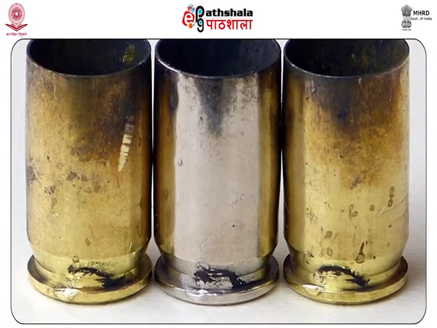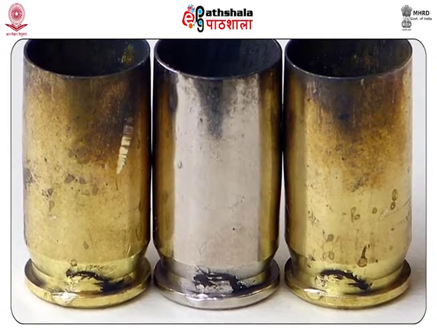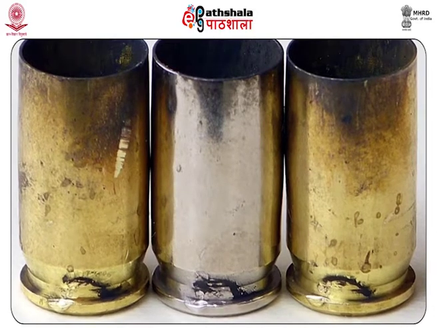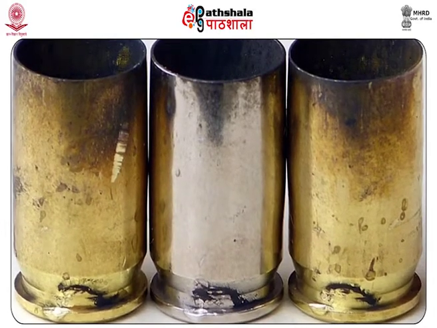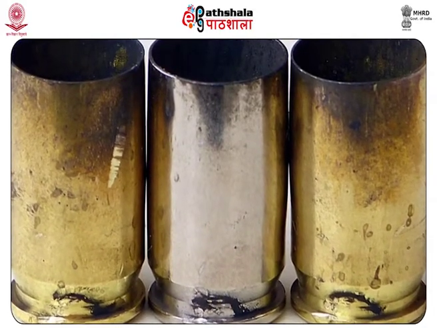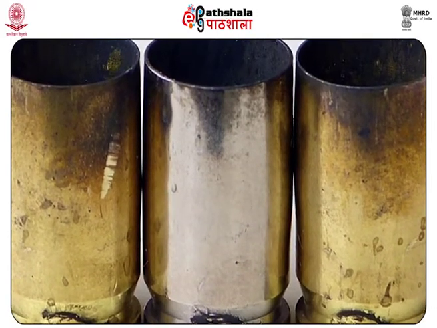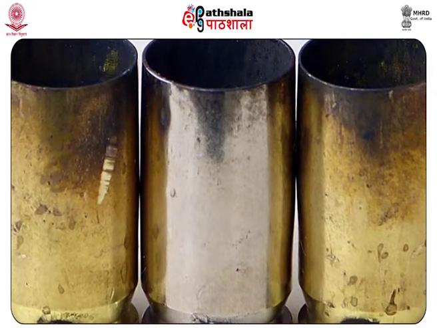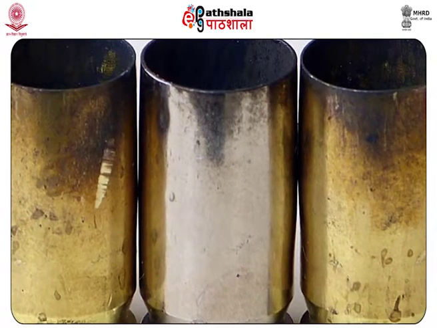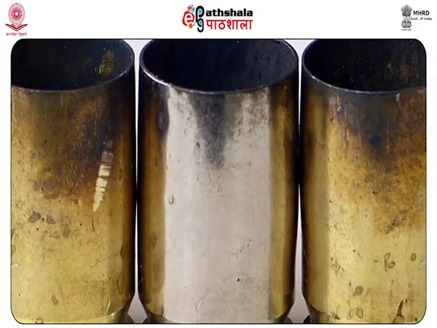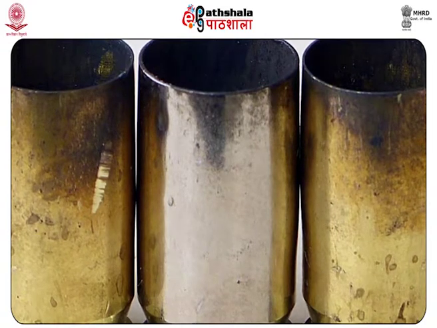There are various methods for recovery of fired bullets, and one of them is firing the bullet in a water tank and recovering it from the tank. In India, most of the forensic organizations use a bullet recovery box for recovering fired bullets.